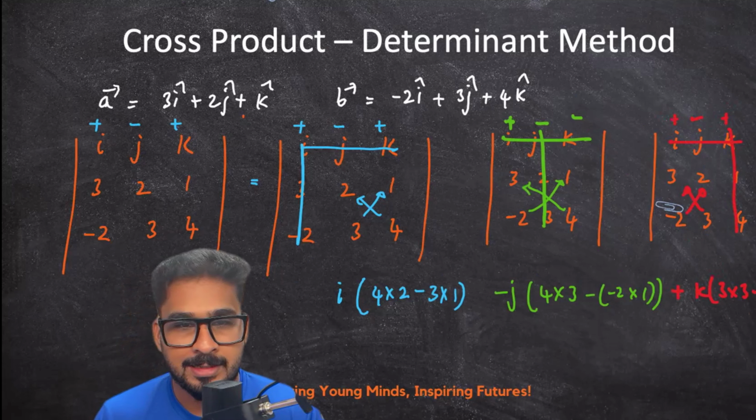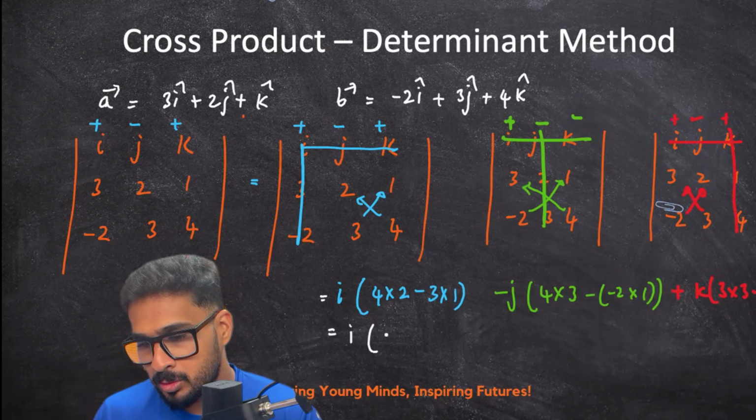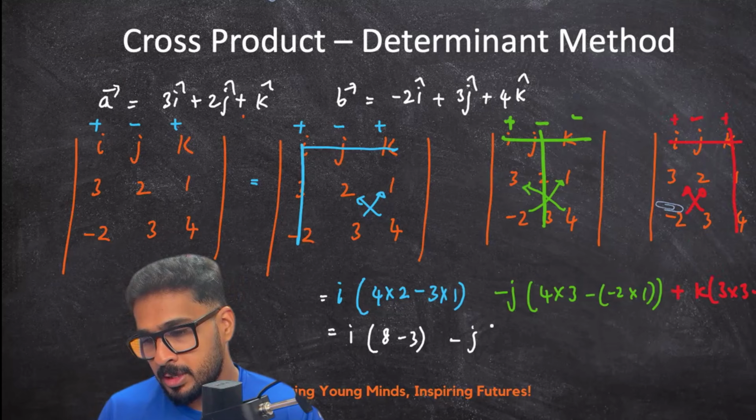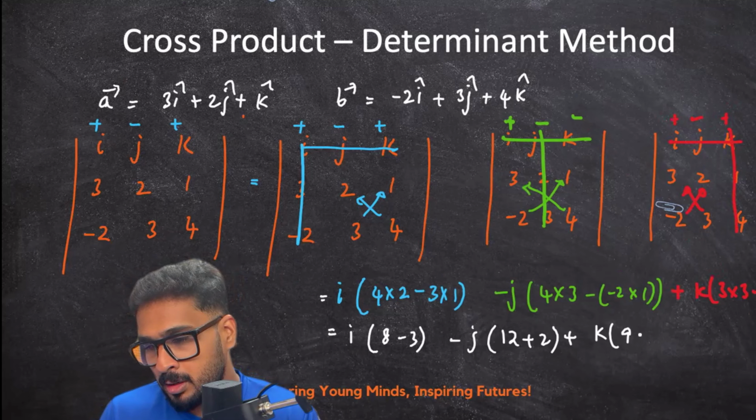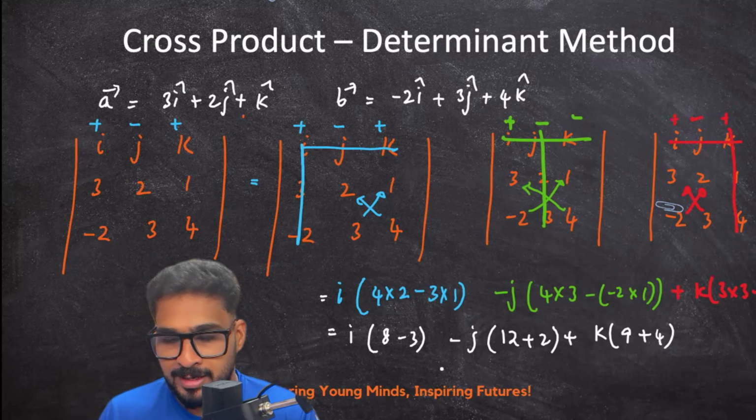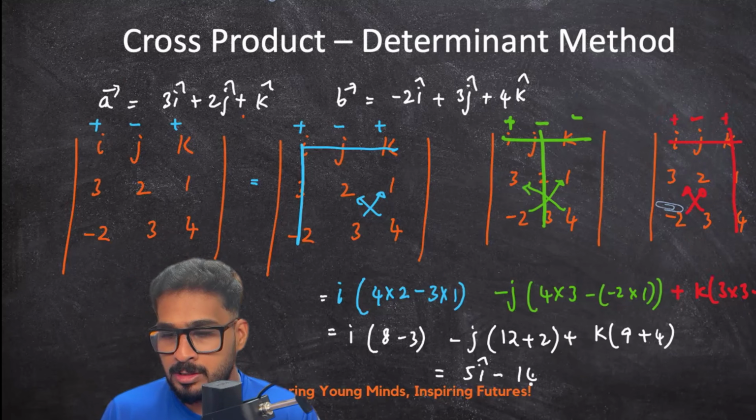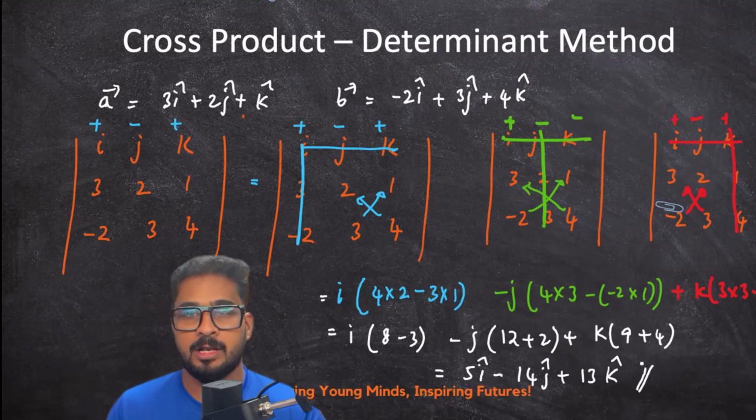So the final answer comes out to be i into 8 minus 3, minus j into 12 plus 2, plus k into 9 plus 4. So the final cross product answer is 5 i cap minus 14 j cap plus 13 k cap. This is the final cross product answer.